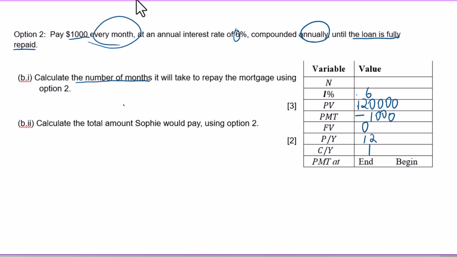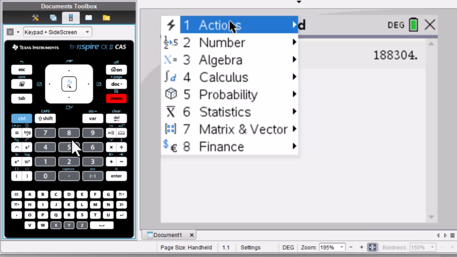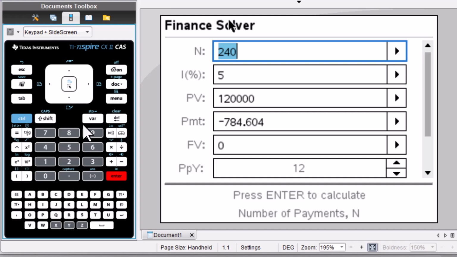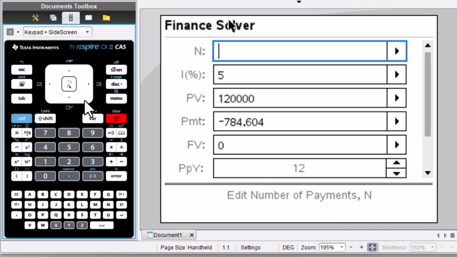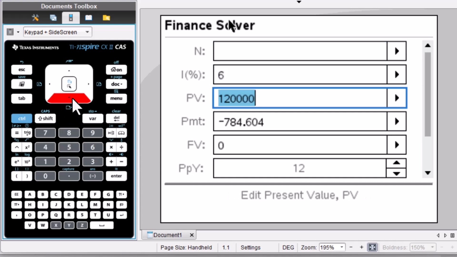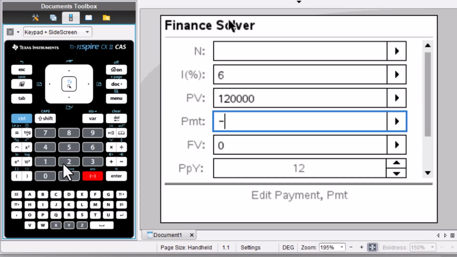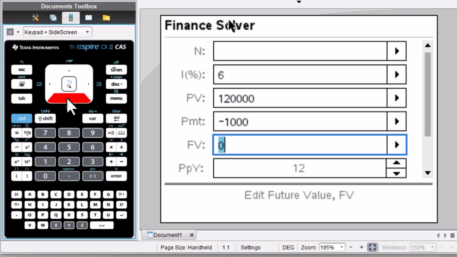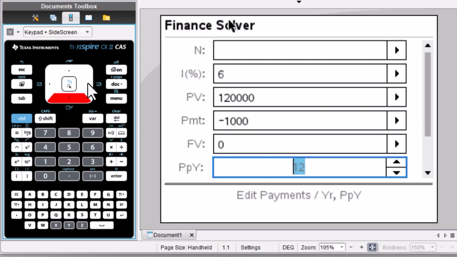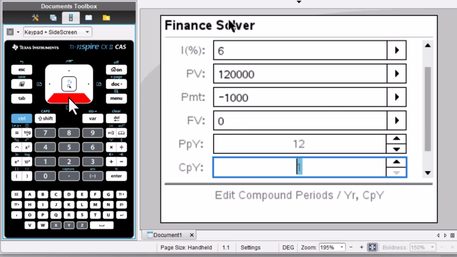Then we go to calculator. PMT is end. We will use default. Menu 8, enter. N is something we are looking for. 6. PMT is negative 1,000. FV is 0. 12. CPY is 1.